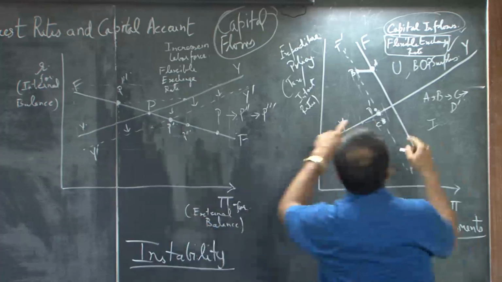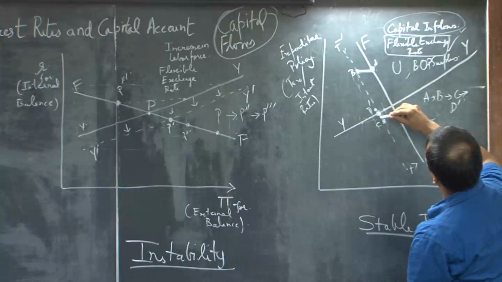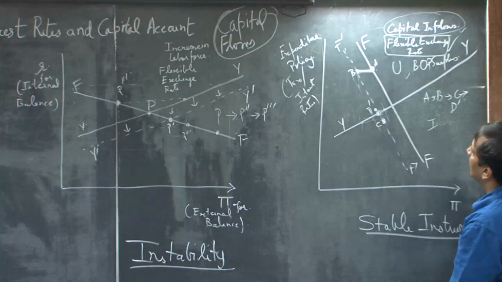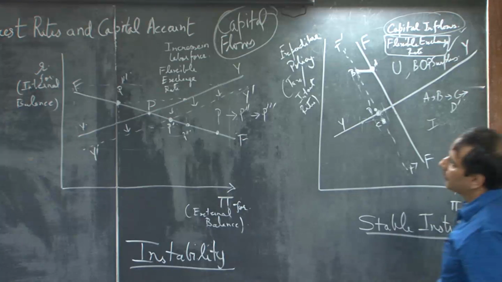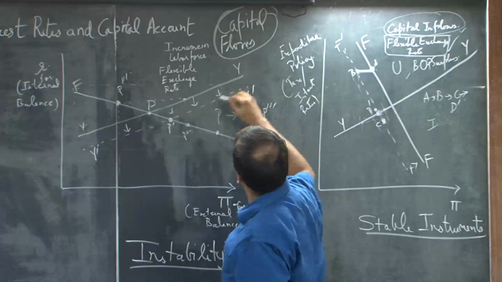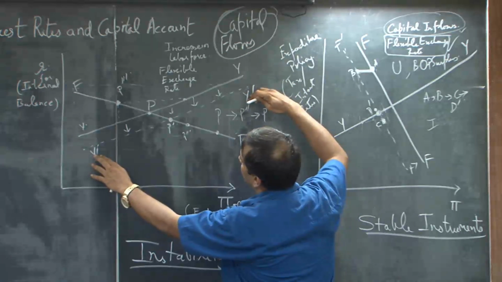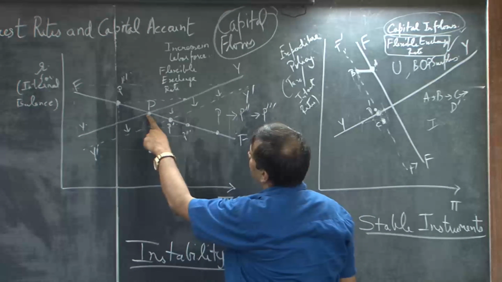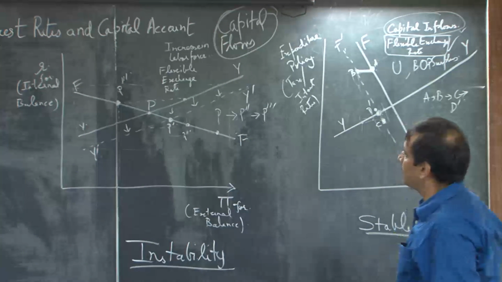It is different from this because here you would move to the equilibrium point. Here, see the movement. First, there's an increase in labor force. The Y dash comes here. You need to reach P dash. This is above this. So you have a situation of unemployment.